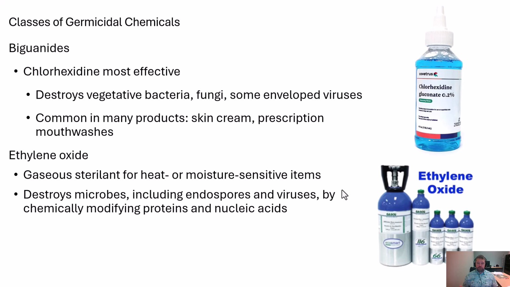It does destroy microbes and endospores, and normally it works with the process of denaturing proteins or modifying the shape of proteins, and not allowing nucleic acids to copy, and in some cases breaks the nucleic acid bonds down. So again, a lot of these are specialty kind of germicides. They have to be used in specific situations and under certain industries use some more than others, but these are just kind of the classes of the germicides.